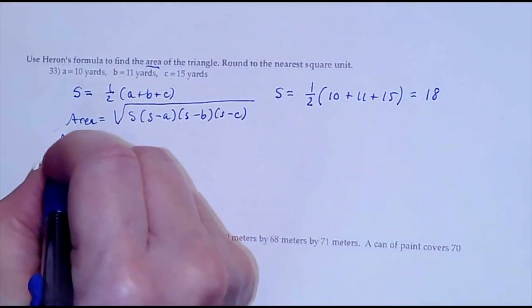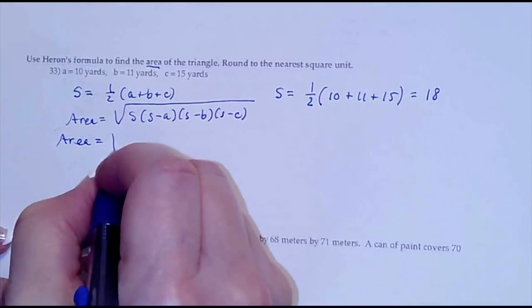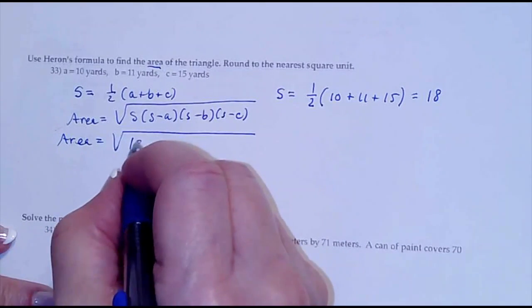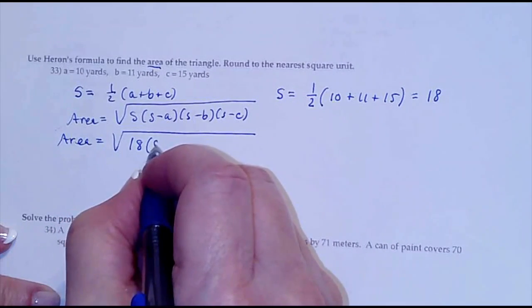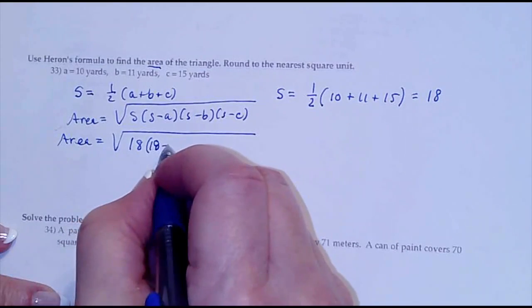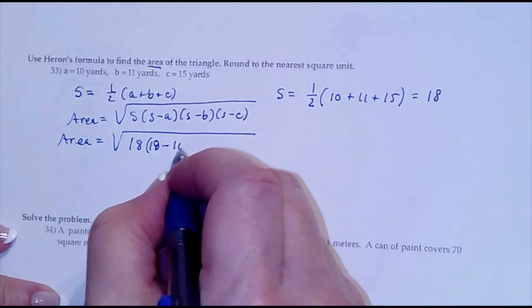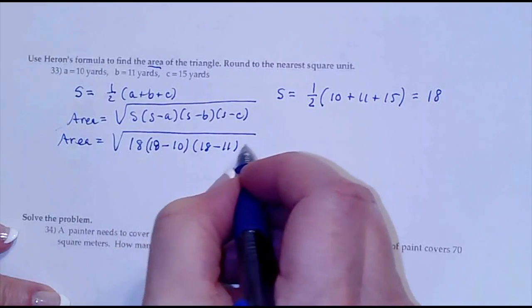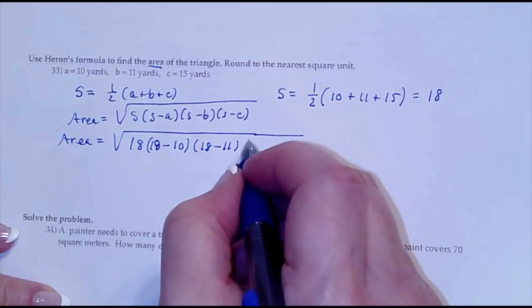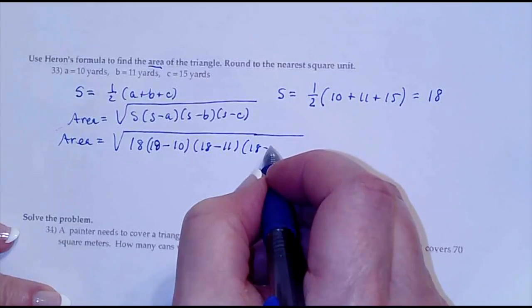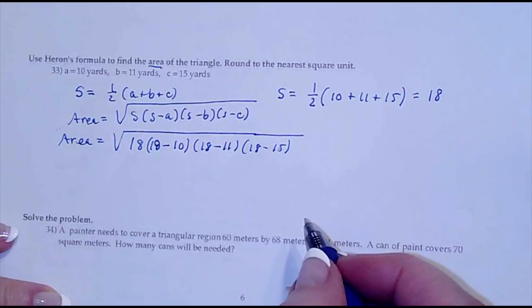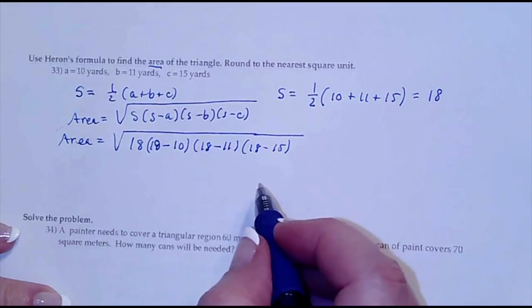So our area is going to be the square root of S, which is 18, times 18 minus A, which was 10, times 18 minus B, which was 11, times 18 minus C, which was 15. So 18 minus 10, 18 minus 11, 18 minus 15.